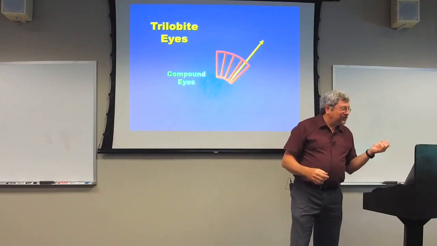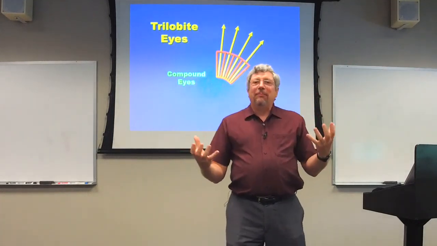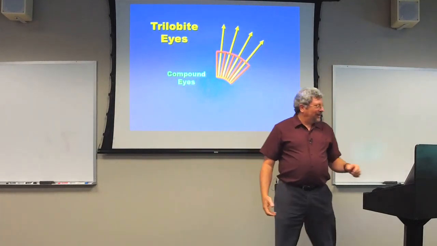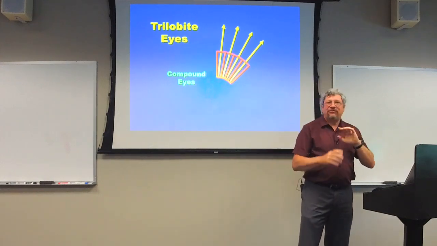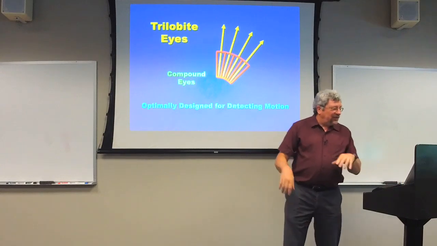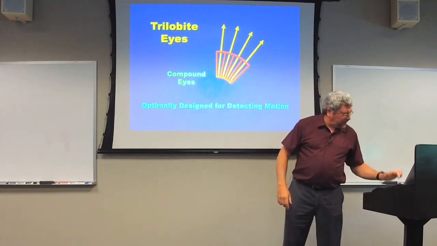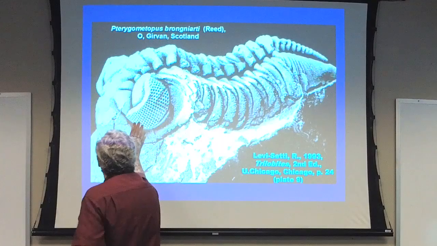There's a further issue that these trilobites are doing this in compound eyes. There's an advantage to compound eyes. You can see motion very effectively, far more effectively than simple eyes. And the eyes of these trilobites are designed in some cases to wrap around their head.